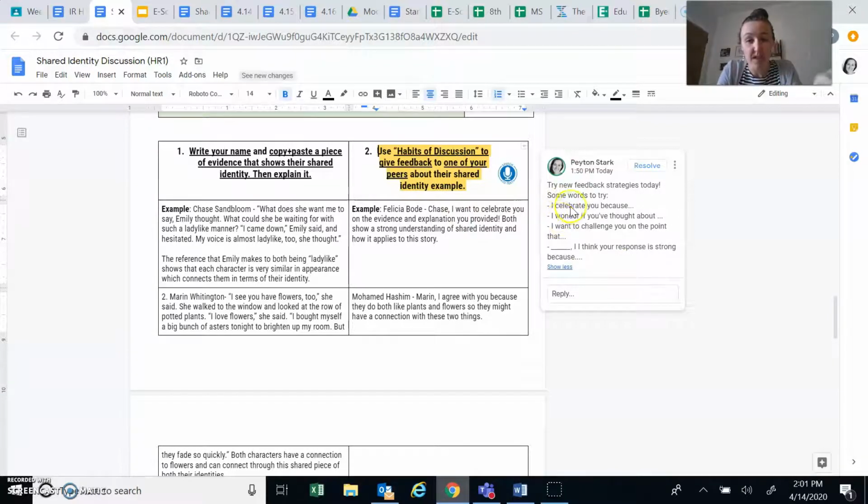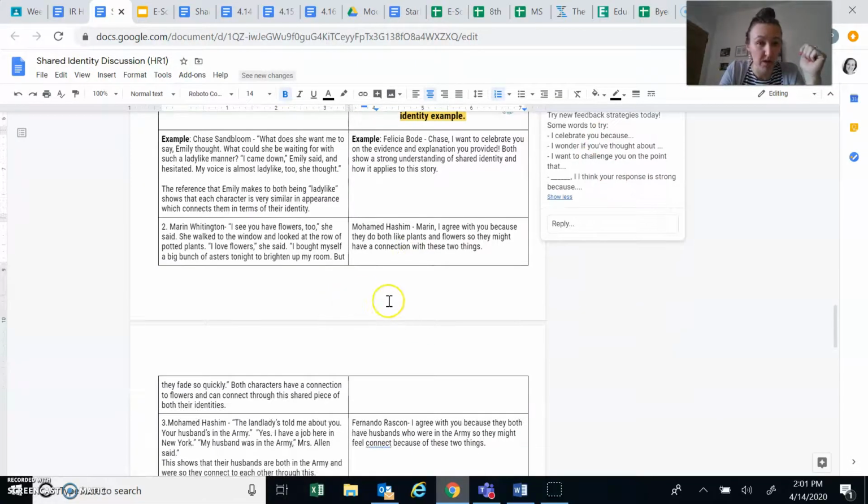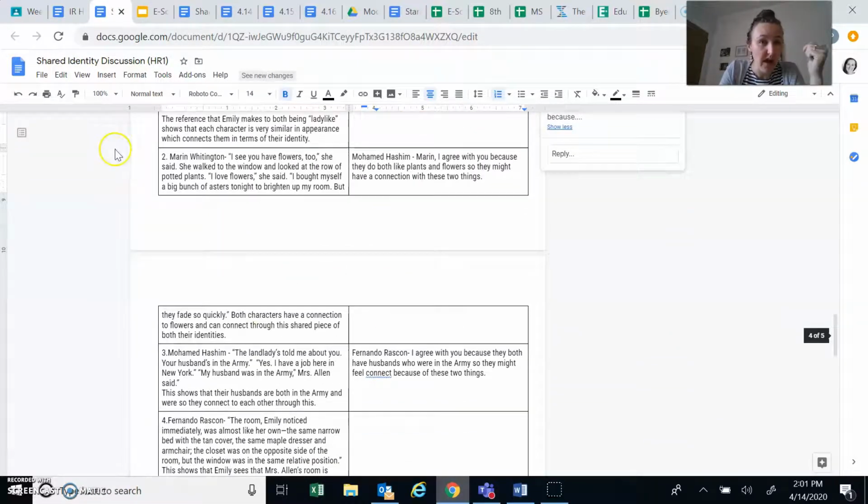So like, "I celebrate you because," "I wonder if you've thought about this," "I want to challenge you on the point," "I think your response is strong because." Just think about different ways that we can say that so we can keep growing. And this class, Homeroom Run, has already done a great job so far of labeling both the initial response and the feedback. So keep that up. That's how you get credit.